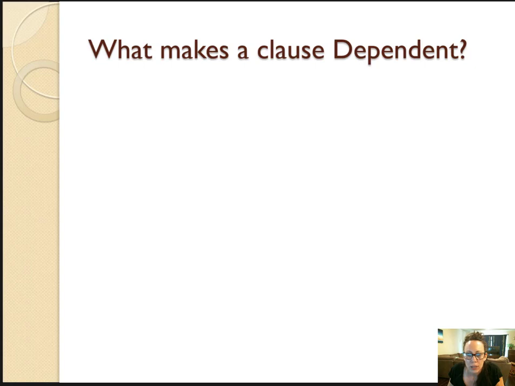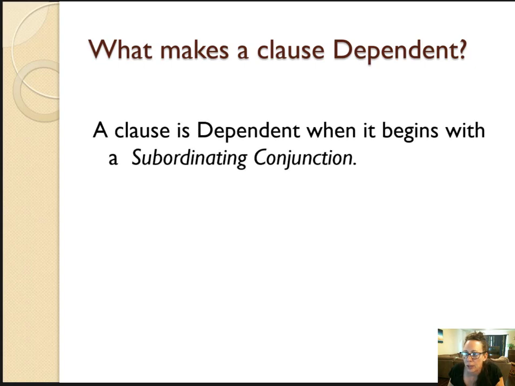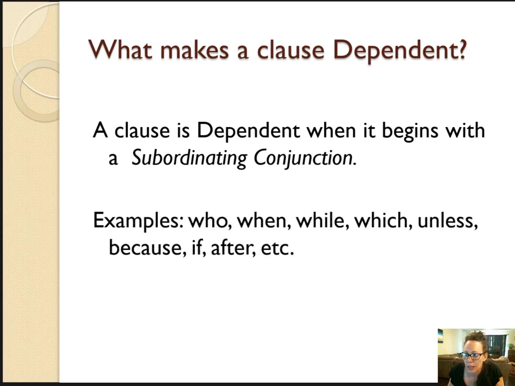So what is the thing that makes a clause dependent? And you can probably guess by looking at the examples that I just showed you that it is this word at the beginning. And those are called subordinating conjunctions. That is going to come up a lot. So you really need to know your subordinating conjunctions.